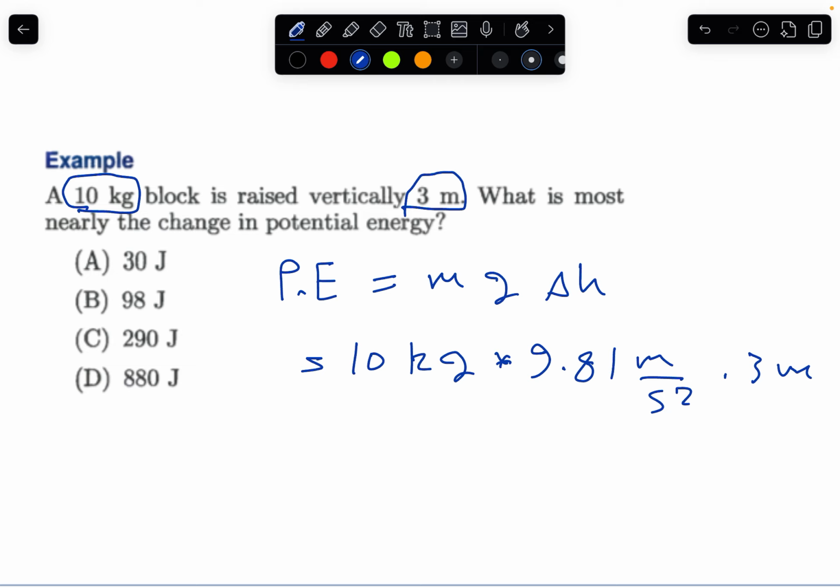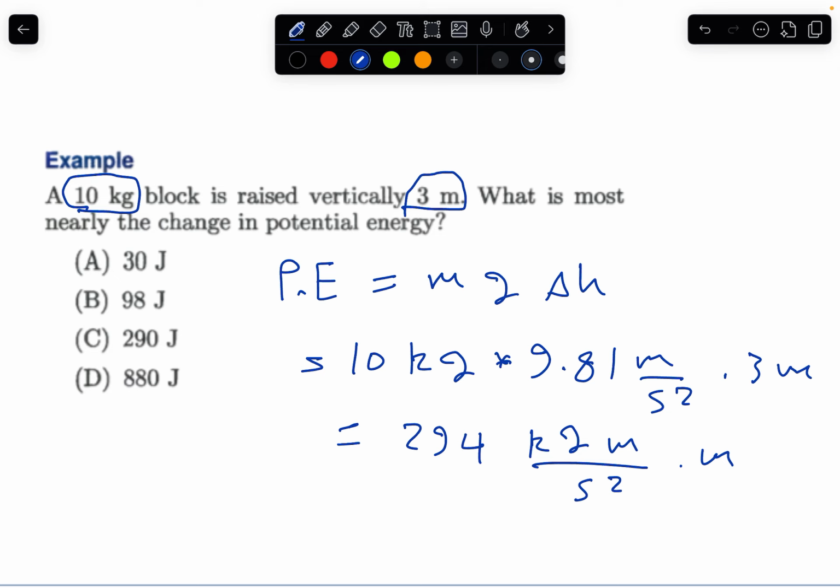Let me calculate this, guys. I think it is 294 kilogram meter per second squared times meters.